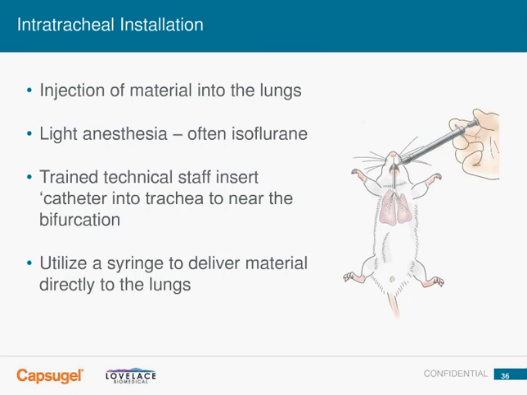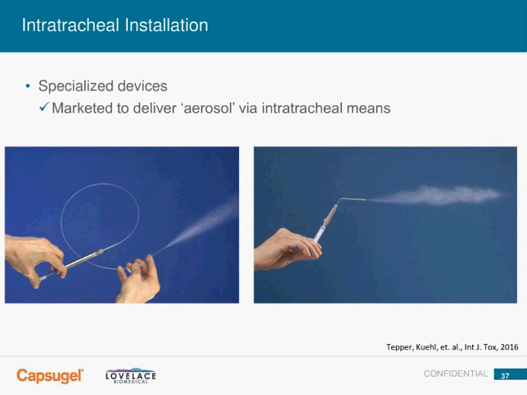I think most people are familiar with this method where you do a light bit of anesthesia before you instill a tube or some type of a sprayer into the lungs of an animal and then deliver that dose. Here's a couple of quick examples of some of these, and I think most of you have known or used these or seen these in the literature. There's some other novel ones out there that aren't as well published that all of them do a very nice job in a fit-for-purpose study where you're designing to ask a specific question that is okay with some of the caveats of these devices.